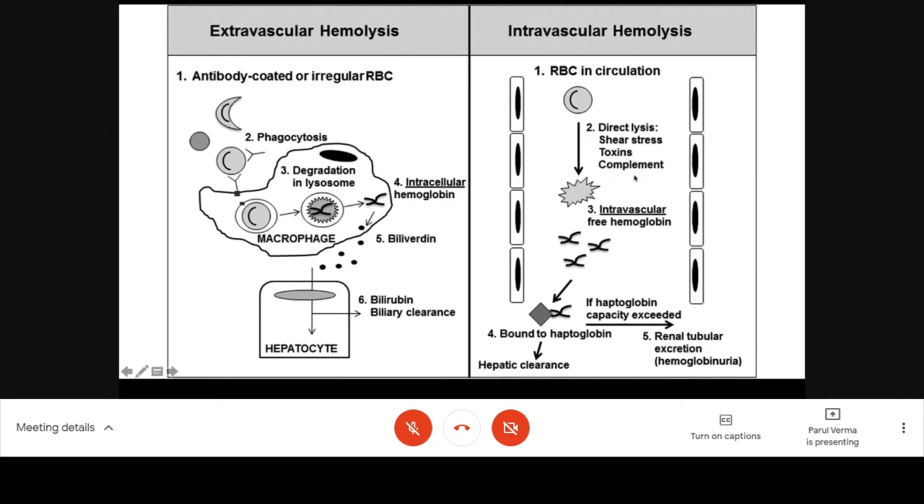So in these conditions, there is intravascular hemolysis, and this is characterized by the release of free hemoglobin and hemoglobinuria. In extravascular hemolysis, there is no hemoglobinuria, while in intravascular hemolysis, there is hemoglobinuria, and this free hemoglobin in circulation binds to haptoglobin, so the haptoglobin levels in circulation decrease. So it can be identified by hemoglobinuria and decrease in haptoglobin levels.